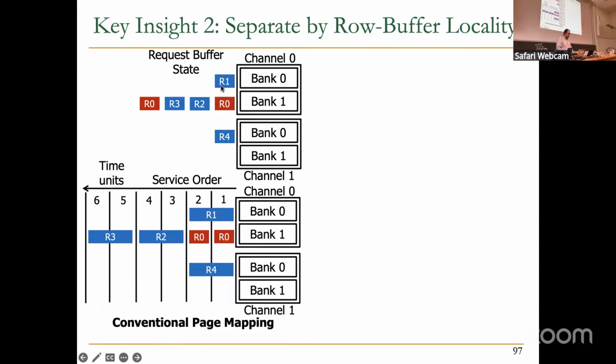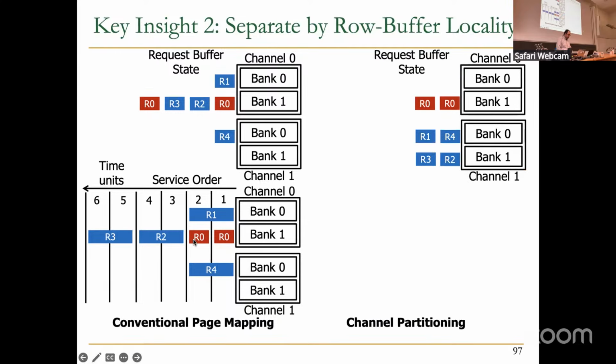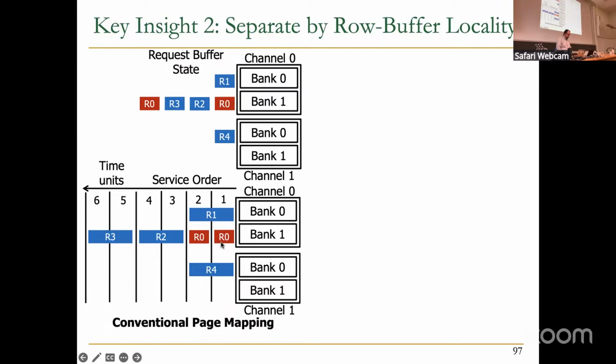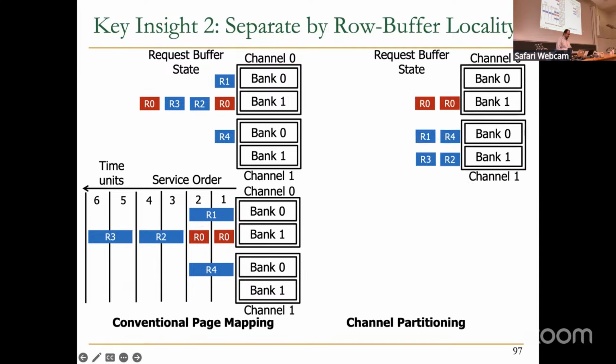The blue application, you can see, is accessing different rows, meaning that it does not benefit from row buffer locality much, but the red application is accessing the same row 0. So in this timeline, you can see that the red application has much lower latency in accessing, because it hits in the row buffer, but the blue application has longer latency.